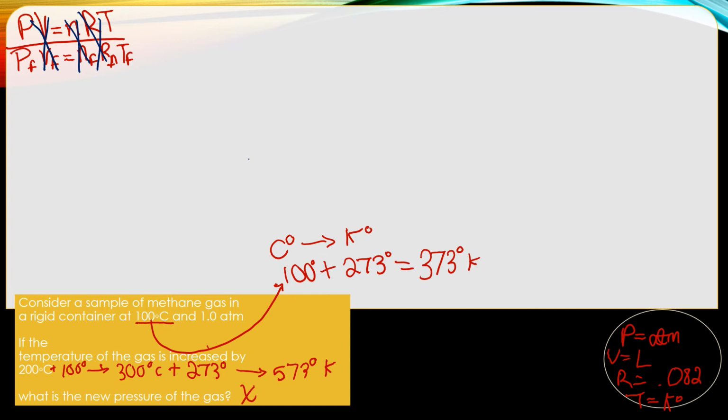Now, we are going to write this equation in a simpler way that is easier for us to look at: pressure initial over pressure final equals temperature initial over temperature final.